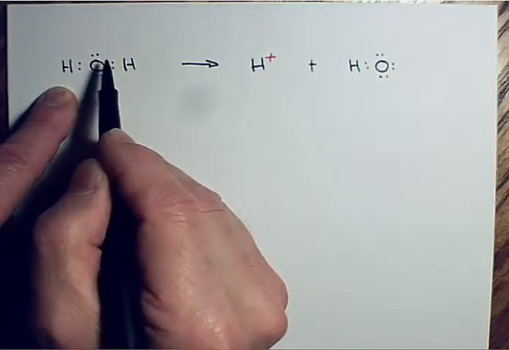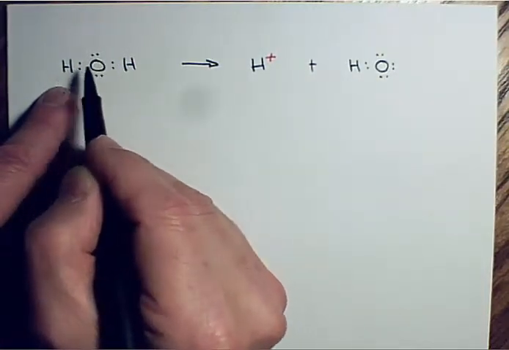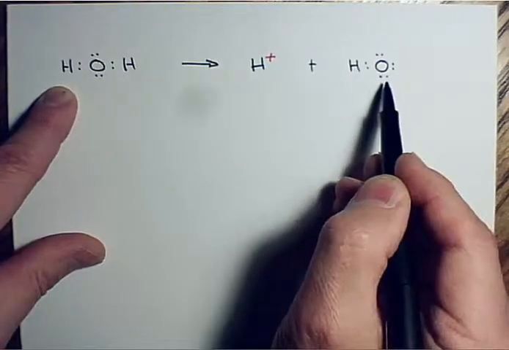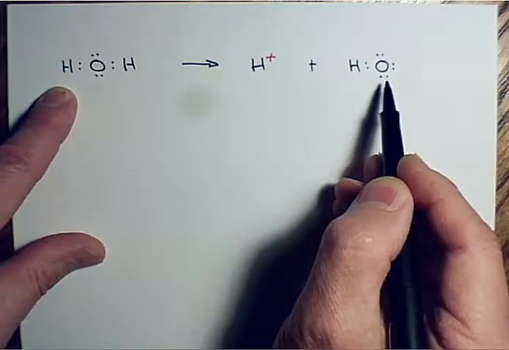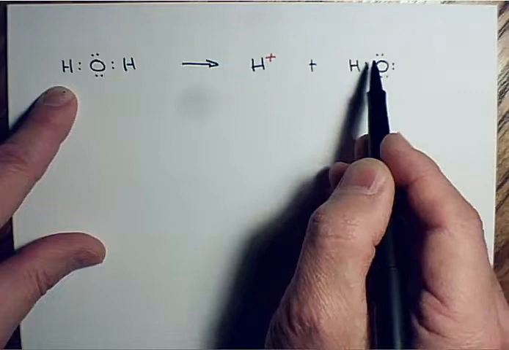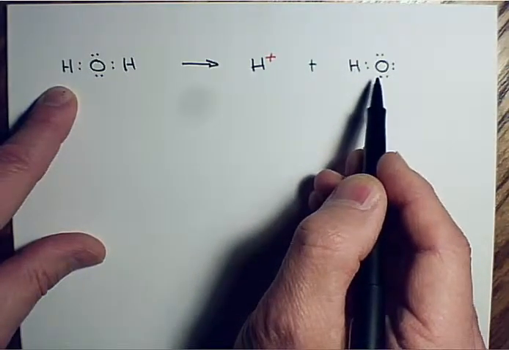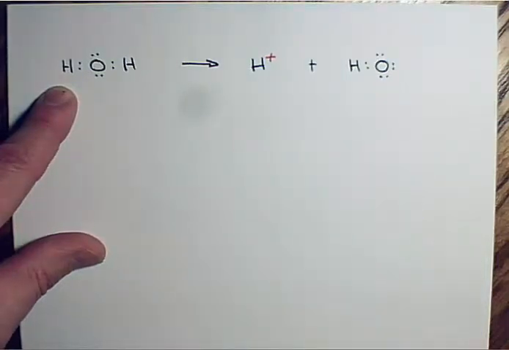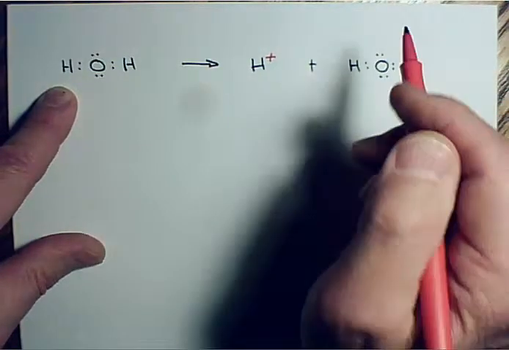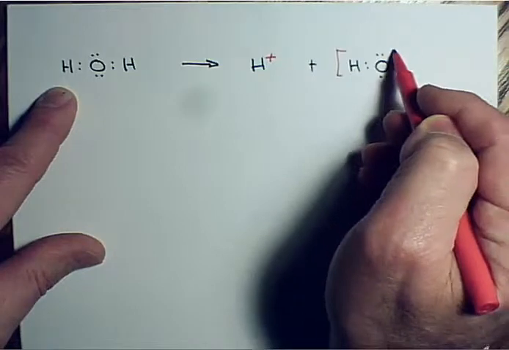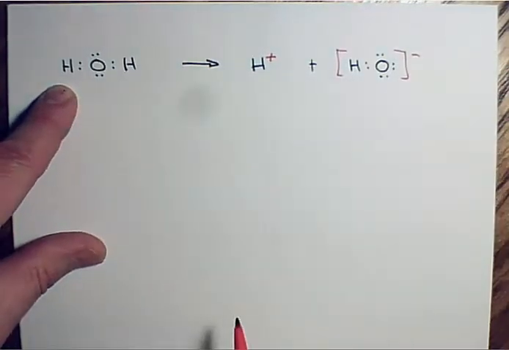It's neutrally charged because the positive and negative particles balance each other out. But this now has lost a positive particle. What is new about this particle over this one? What's different? It has a negative charge. Good. Okay?